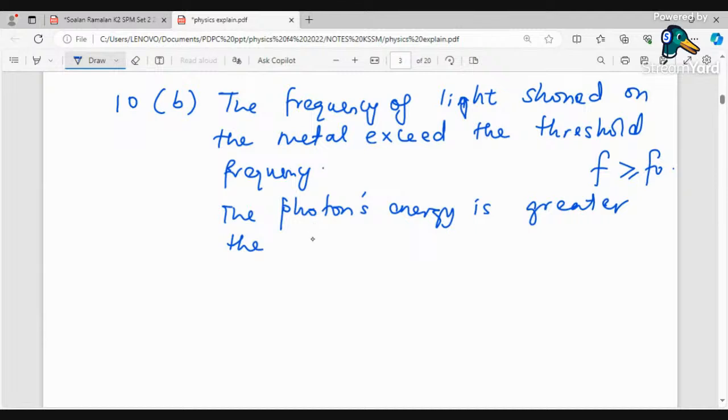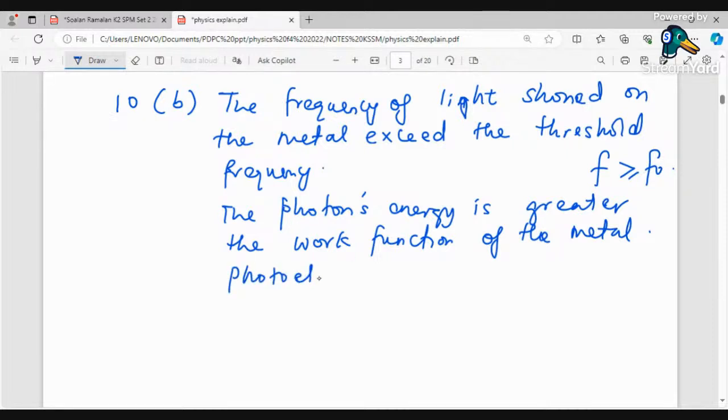Energy kita compare dengan work function of the metal. Photoelectrons will be emitted. Okay, ni dah 3 markah dekat sini. 1, 2, 3. Dia nak 4.